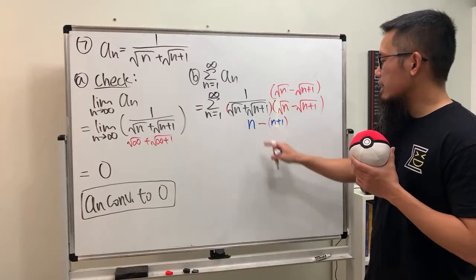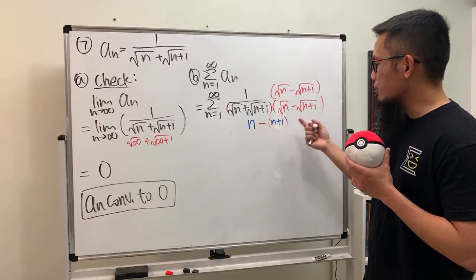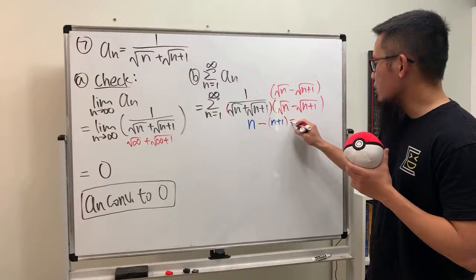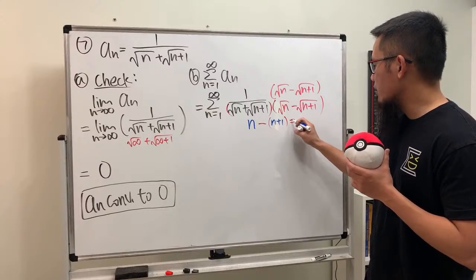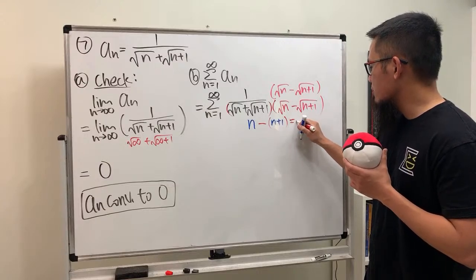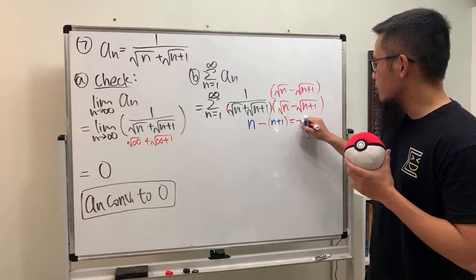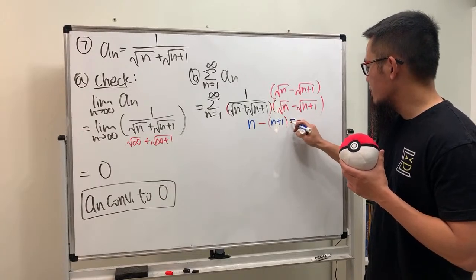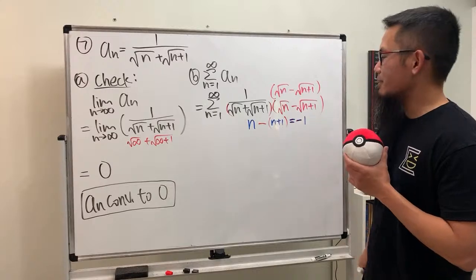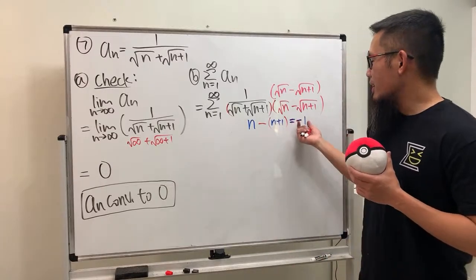Right? And n minus n is just equal to 0, and then minus 1. So technically, we have a minus 1 right here. Just keep that in mind. All right. So here we have negative 1.